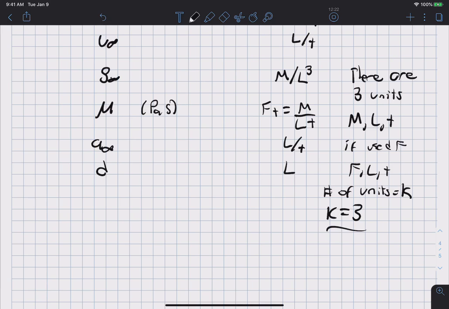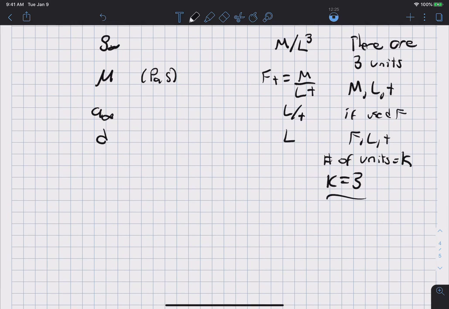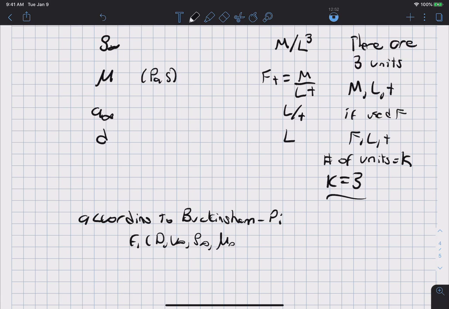Now, according to the Buckingham Pi Theorem, we arrange our function f1 of d, v infinity, rho infinity, mu infinity, a infinity, and d into a function of n minus k variables.